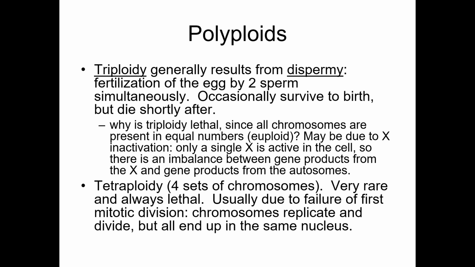This is a very rare condition and always lethal. The first division fails, but the chromosomes replicate and divide, and all of them end up in the same nucleus. Even if the first mitotic division has failed, chromosomes again replicate and divide and end up in the same nucleus.